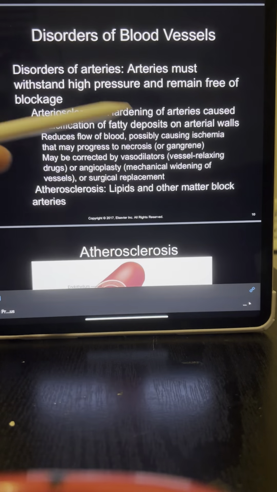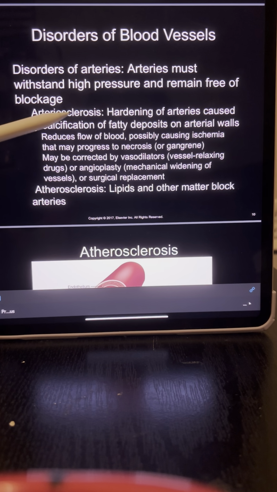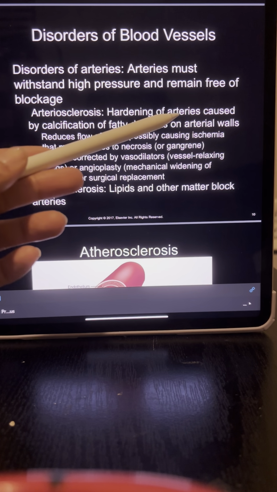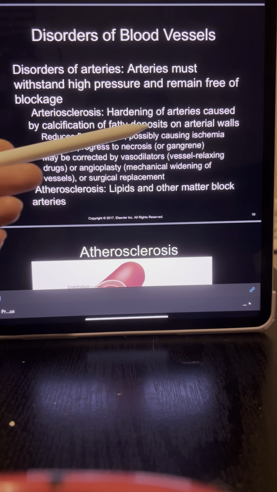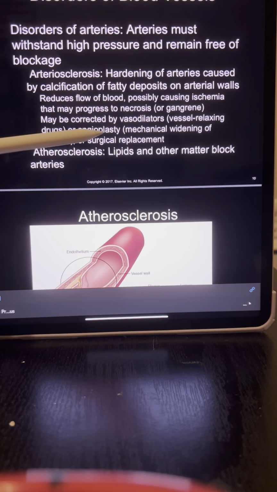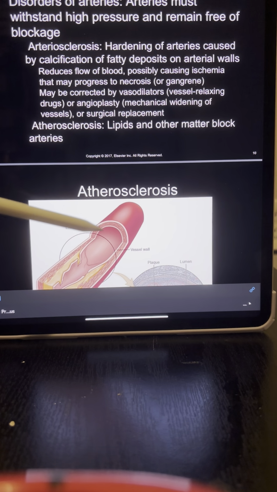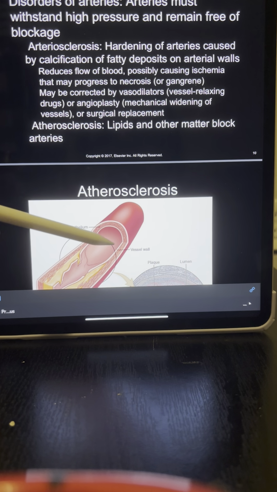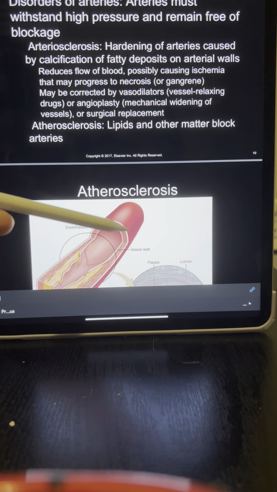All right, disorders of arteries. Arteries must withstand high pressure and remain free of blockage. Arteriosclerosis is hardening of my arteries caused by calcification of fatty deposits on arterial walls. We kind of talked about this earlier. So when we eat a lot of fat, our vessels need to be a certain diameter, right? Because our body's constantly trying to maintain homeostasis.